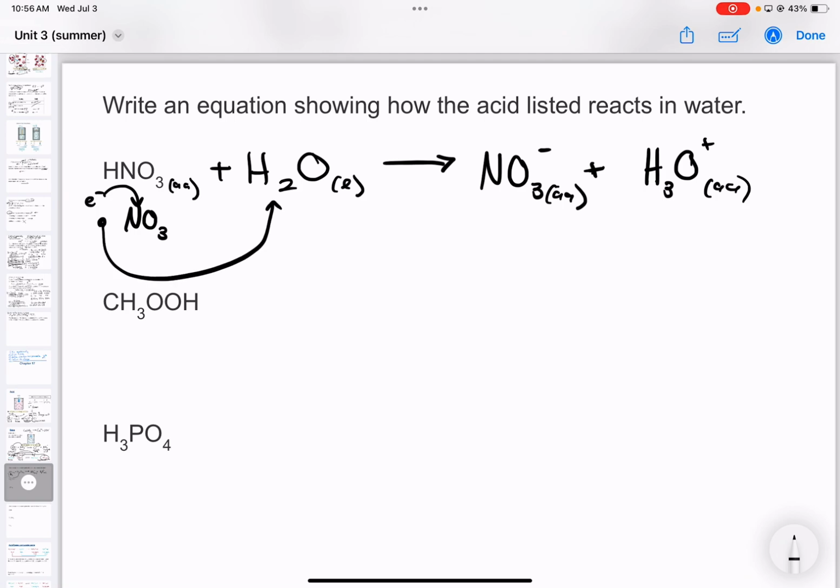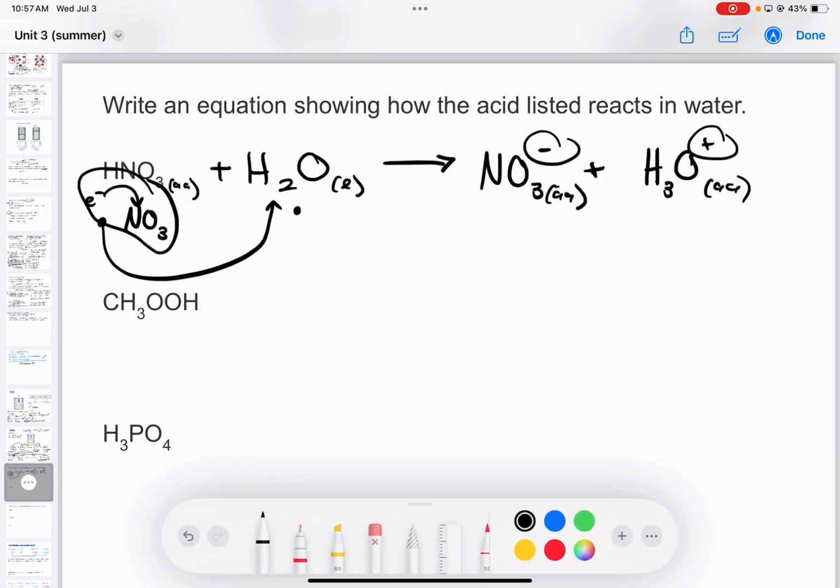So you have one additional electron with the NO3 than you should have, to balance out the protons in the nitrogen and the oxygen. And then you have one extra proton with the water. So the protons are positively charged, electrons are negatively charged. So that's why.